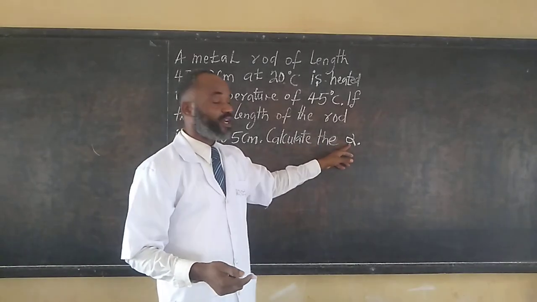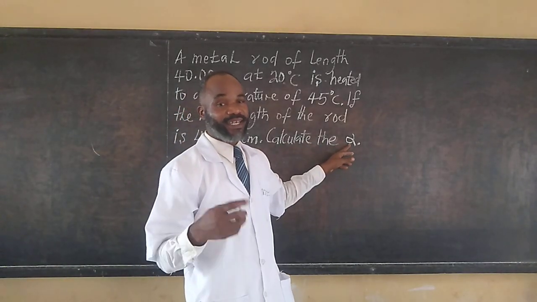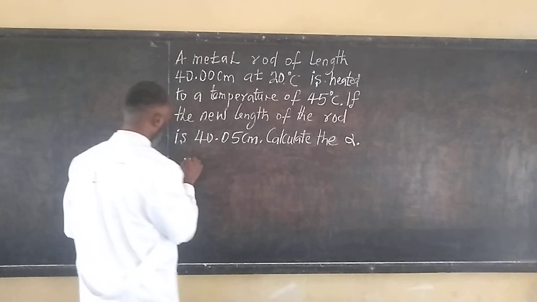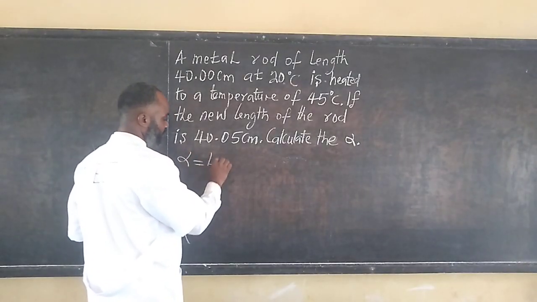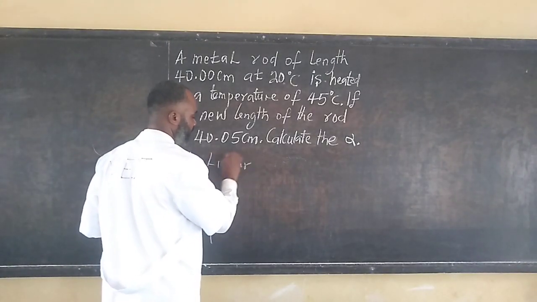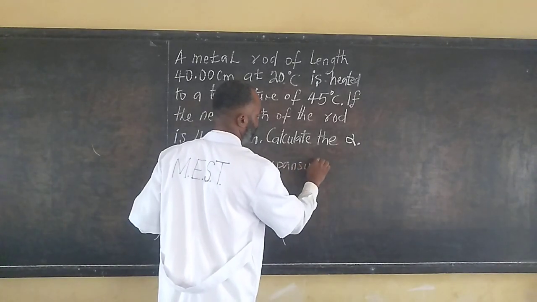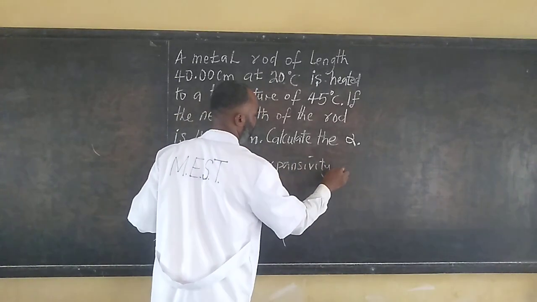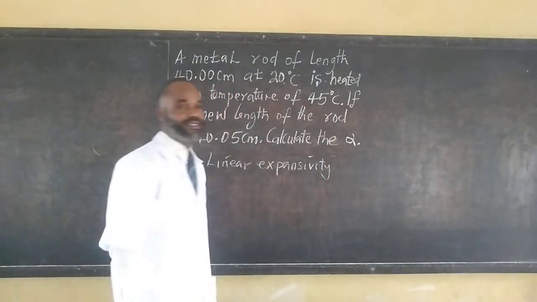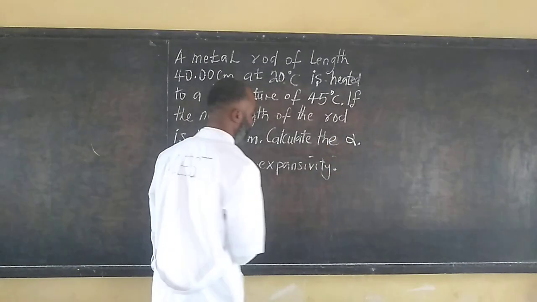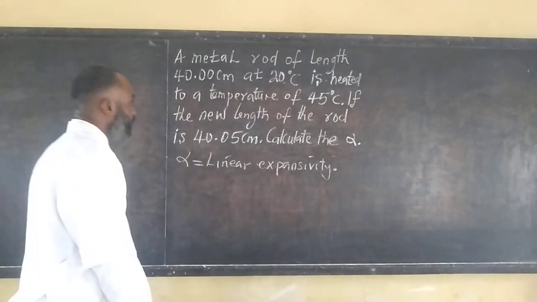Calculate the alpha. Alpha here represents linear expansivity. That's what we are asked to calculate: the linear expansivity of the material.